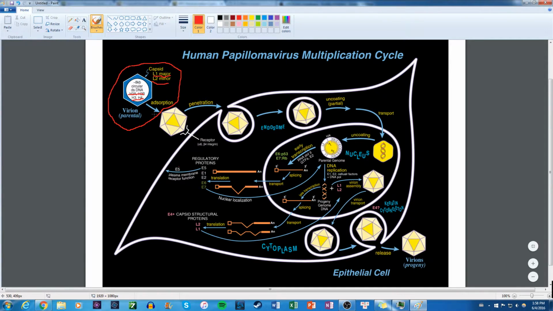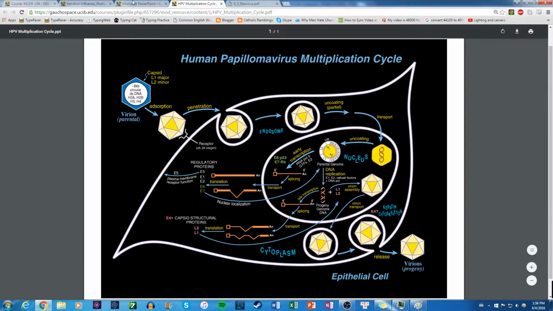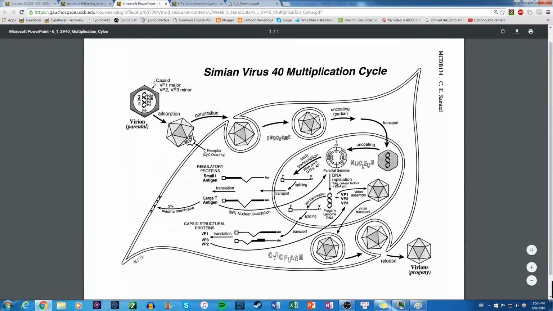You also have the exact same adsorption, where it attaches to the receptor, just like any other multiplication. Let's see, this is alpha 6 beta 4 integrin. Let's go to Google Chrome and see. So SV40 is MHC class 1.